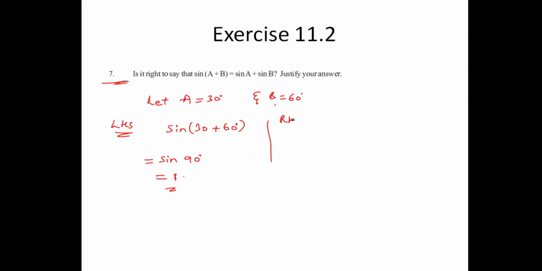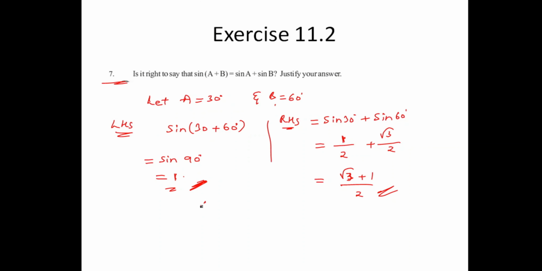Now let us look at the RHS. RHS is sine 30 plus sine 60. Now I'm substituting the value of sine 30, that is 1 by 2, and sine 60 is root 3 by 2. If you observe, the LHS is equal to 1, whereas the RHS is not equal to 1.